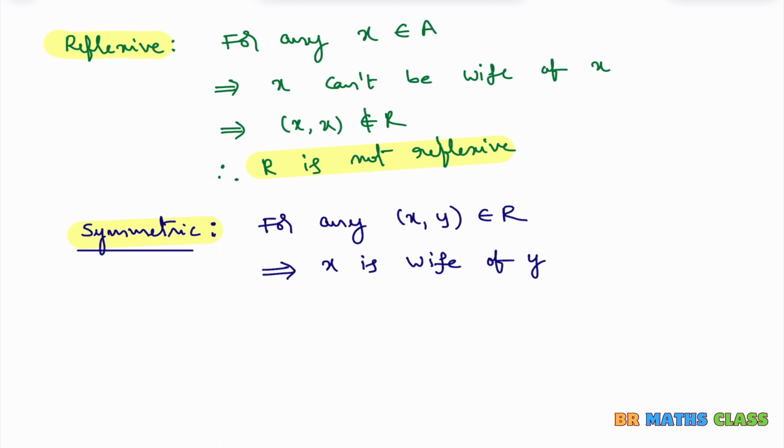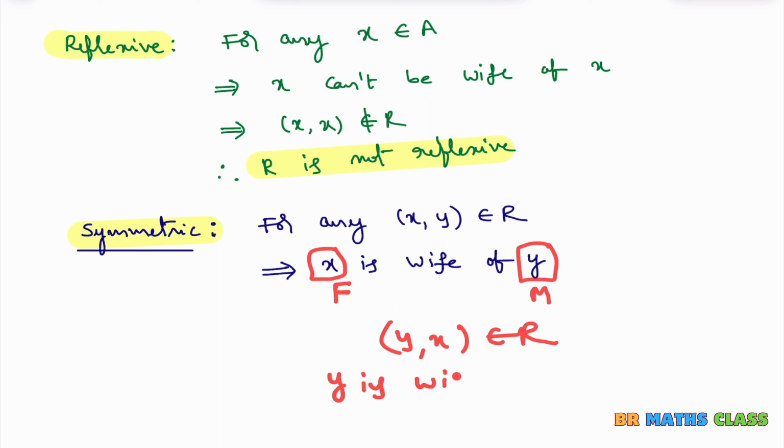If you observe the funny part here, x is wife of y means x is female in general, correct? x is wife of y means x is female, y is male. Now you need to look whether y comma x belongs to R or not. When y comma x belongs to R, y is wife of x.